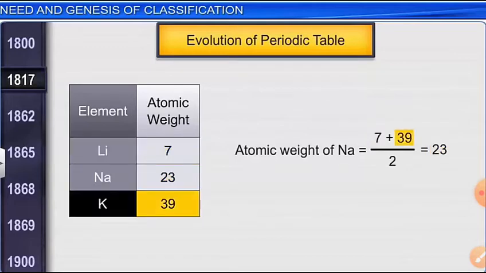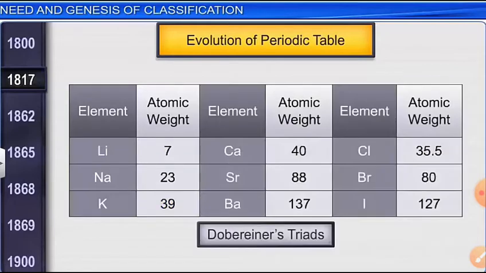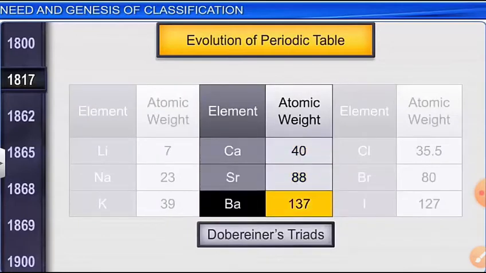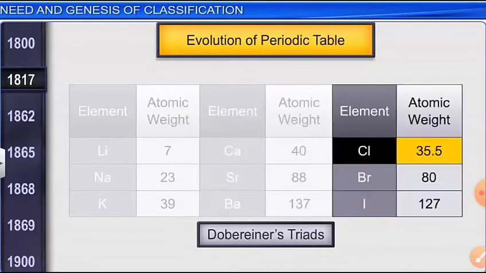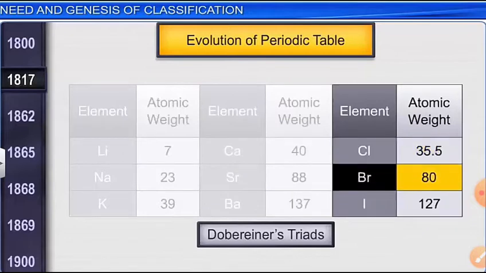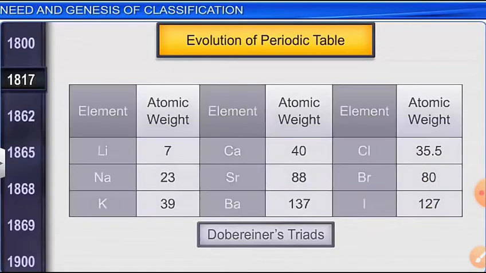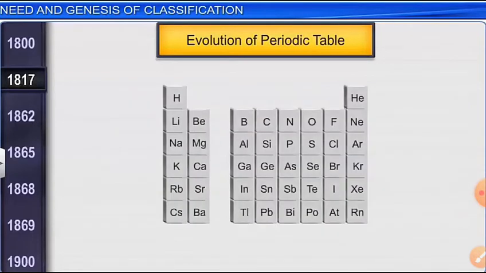But all the elements known at that time could not be arranged in such groups of three. He could arrange calcium, strontium, barium, and chlorine, bromine, iodine, but not all the elements known at that time. So it failed, and then came the next approach. This was the first attempt by Dobereiner to give an arrangement of elements.